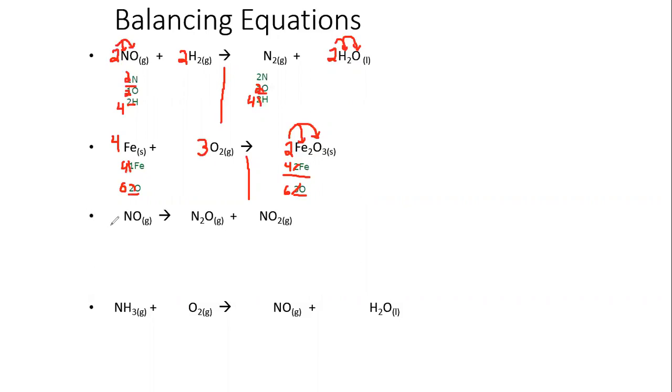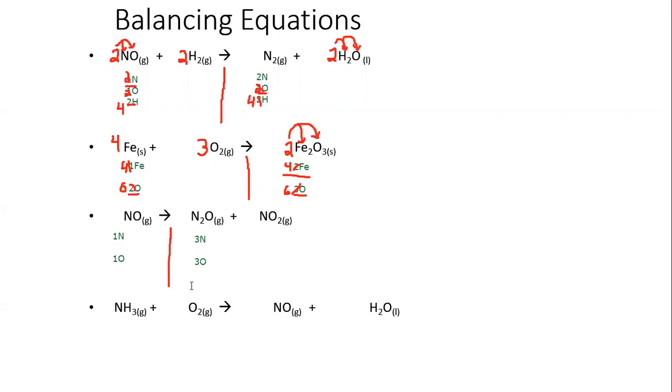Next, we have the decomposition of nitrogen monoxide. So again, we're going to start by determining the number of each type of element on both sides of the equation. So we have 1 nitrogen, 1 oxygen. We have 3 nitrogen and 3 oxygen. So you notice here that on the reactant side, we have 1 nitrogen and oxygen, and those are together in the compound.